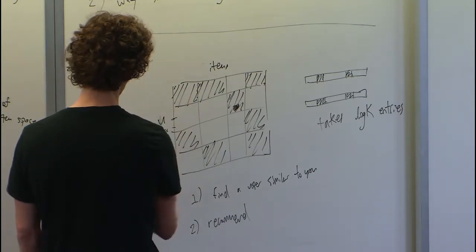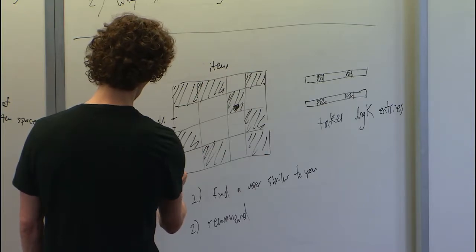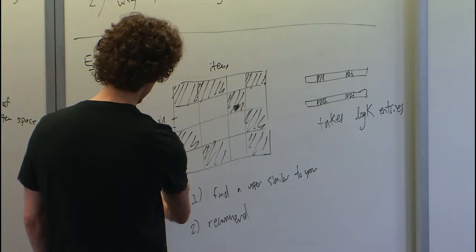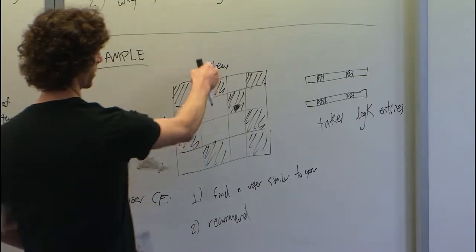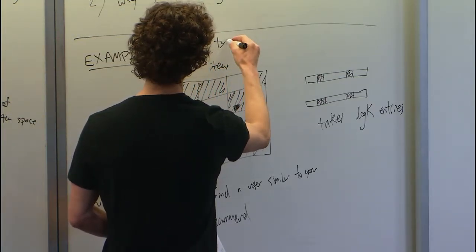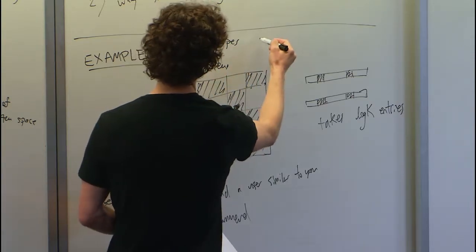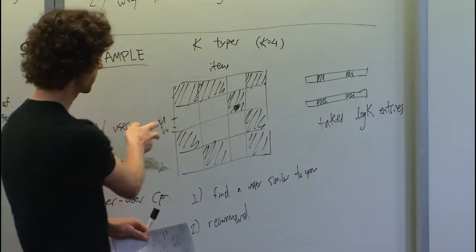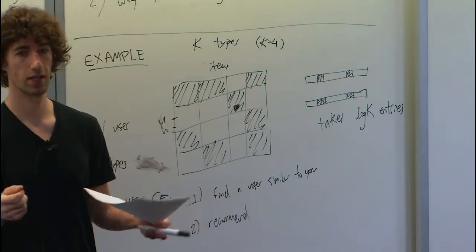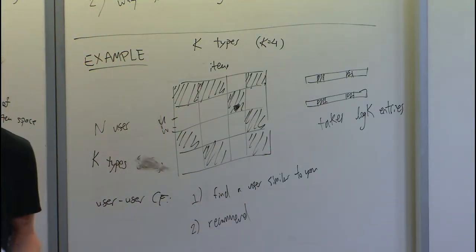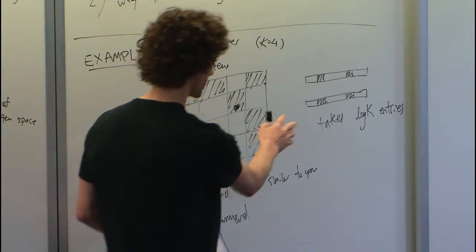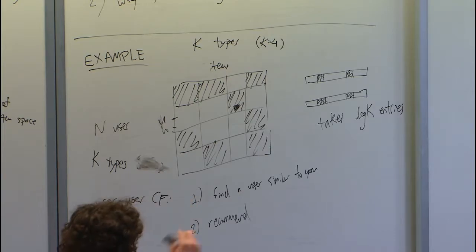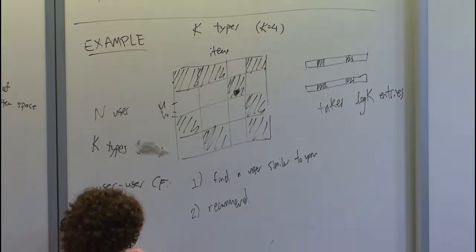K types of users, so k groupings here. There's going to be also k types of items, and just an example, here it's 4. So the first thing is I want to compare two users. Are they similar? I need a bunch of items to measure if they're the same. This is sort of an exercise you can check. Okay, good. So I'll have enough time at least to compare user and item.